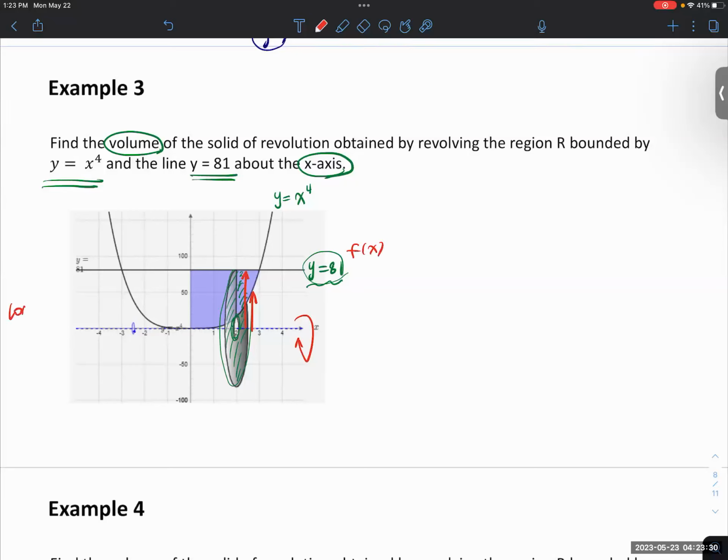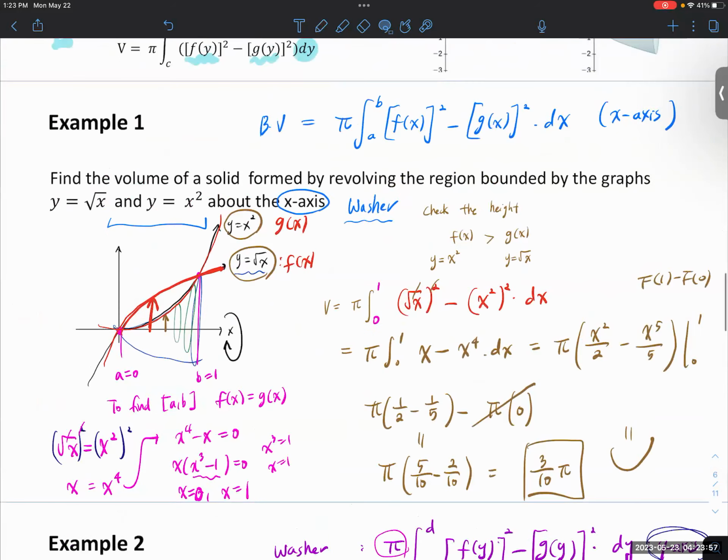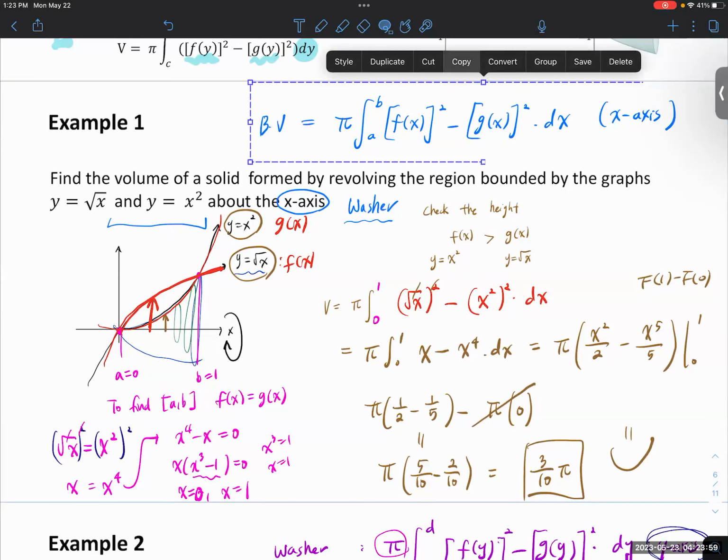We have to compare the heights, and that's the size of the radius of the circle. The circle you create is the large one minus the small one, and this is always higher. I'm just going to copy this because we already know the formula.